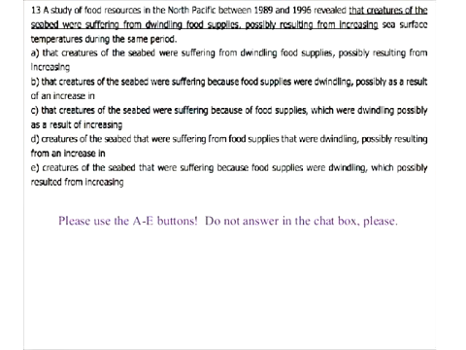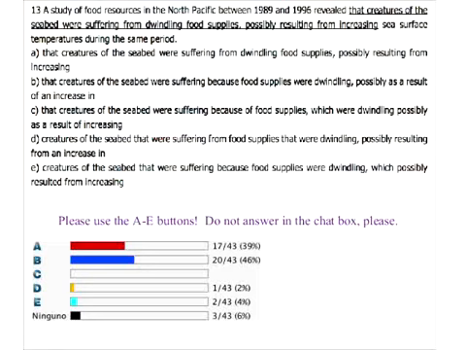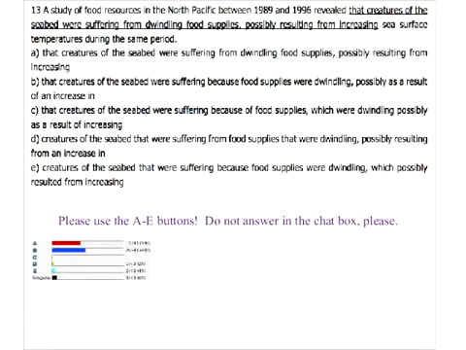Okay, so here are our results. A lot of people picking A, a lot of people picking B. Let's talk about it. So, okay, let's talk about the distinction at the front of the sentence here.